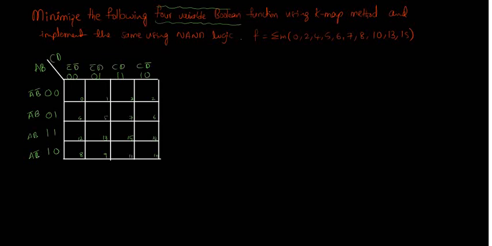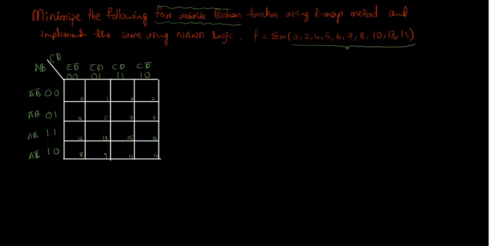So you already know the 4 variable K-map and how to represent the sequence and the cell numbers. Now the next thing is you need to place 1 in the corresponding cell numbers. Cell numbers are nothing but these are mapped to the minterms, and these are true minterms for which f equal to 1.